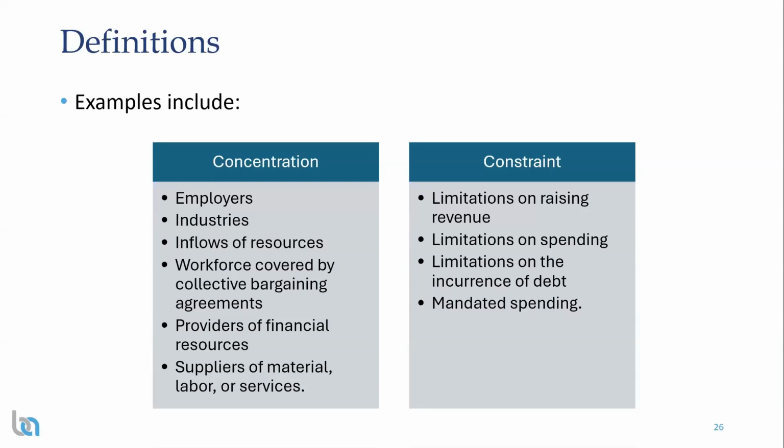So all of these are risks that you may be vulnerable to, but just because you have one of those doesn't automatically mean you have to disclose it. There are criteria for disclosure, and you have to demonstrate that those criteria have been met.